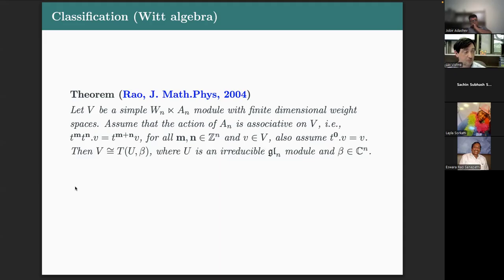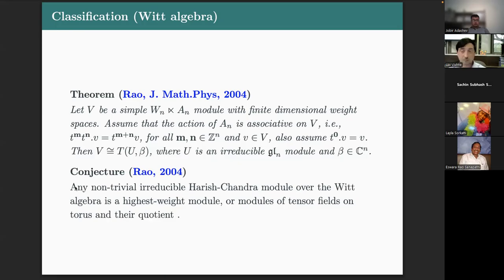He became more and more confident that these are the only modules: either these highest weight modules or these tensor field modules. So it prompted him to conjecture in 2004 that any non-trivial irreducible Harish-Chandra module over the Witt algebra is a highest weight module or a tensor field module or their quotient.